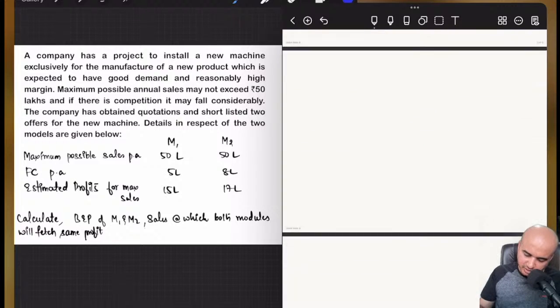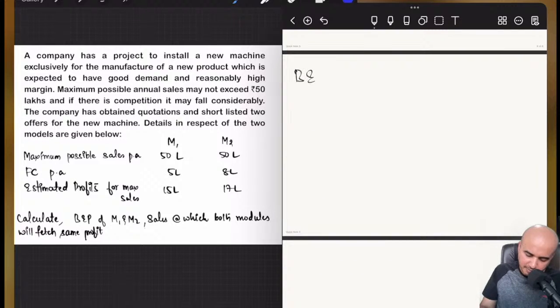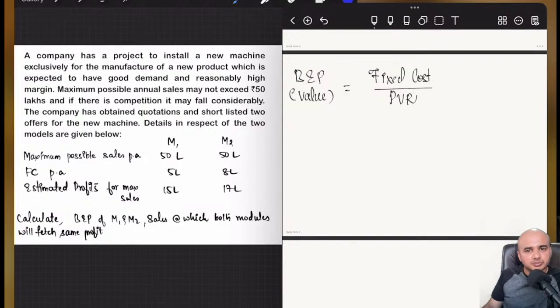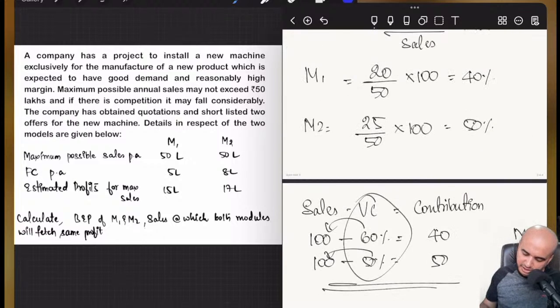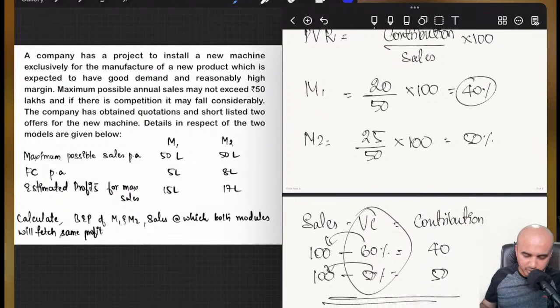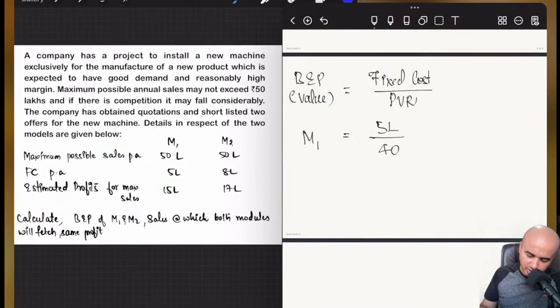So let me write it down here. BEP in terms of value would be nothing but fixed cost divided by PV ratio. So fixed cost in case of M1 is 5 lakhs divided by the PV ratio we earlier calculated, 40%, that's it.